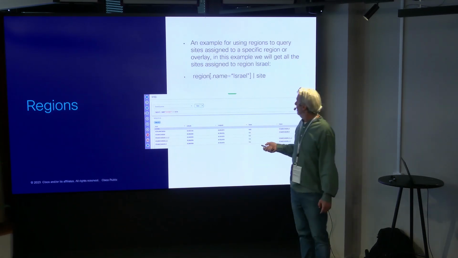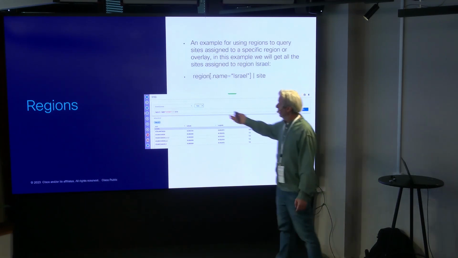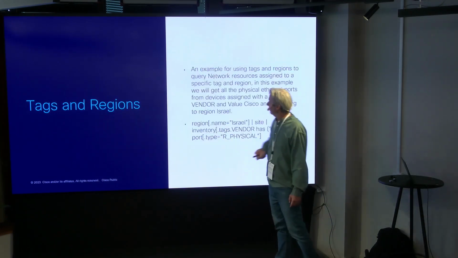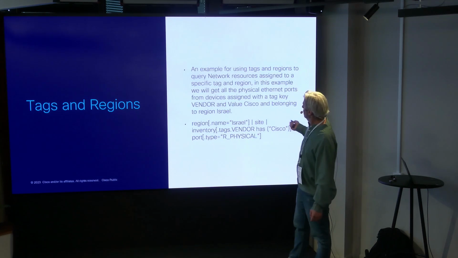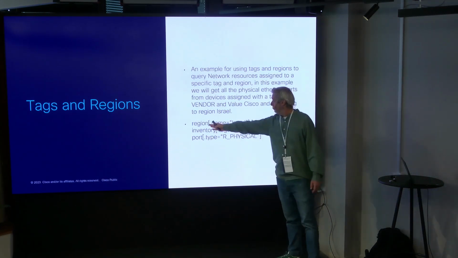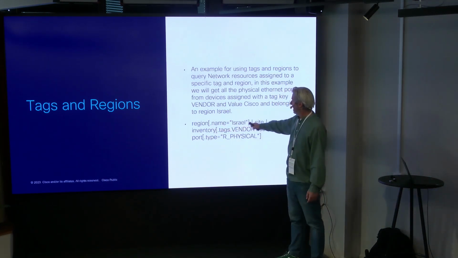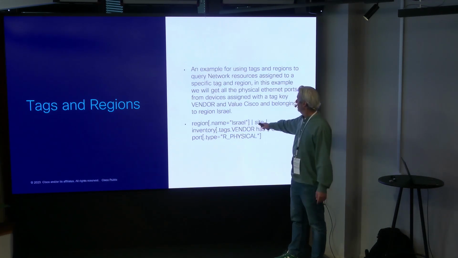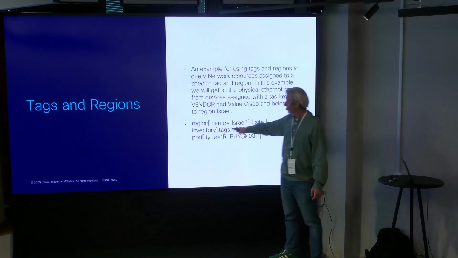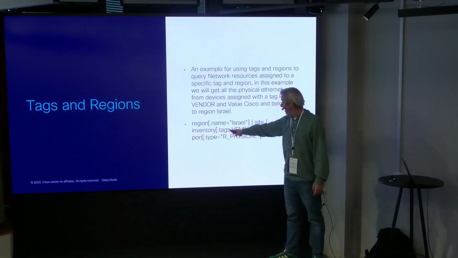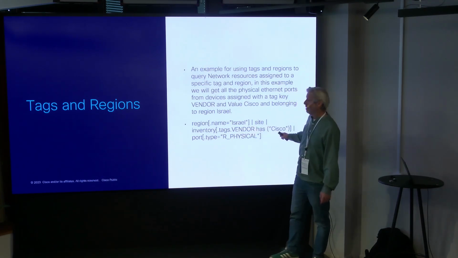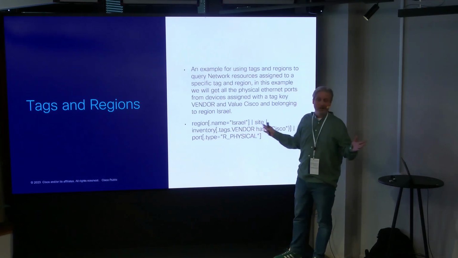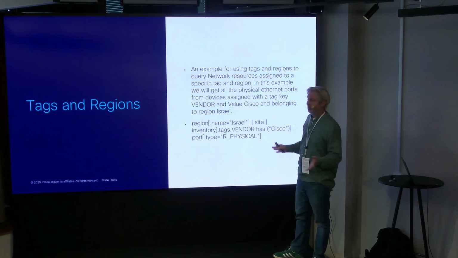And another example, I think that I have your example. Yes. So you see, bring me all sites in Israel. From the site itself, bring me all inventory items tagged vendor Cisco, but I don't want all, the routers themselves.